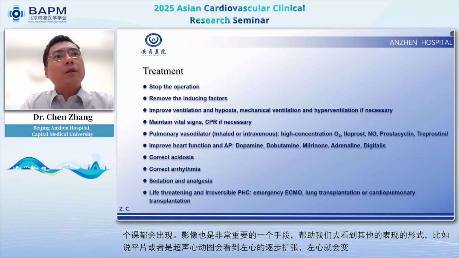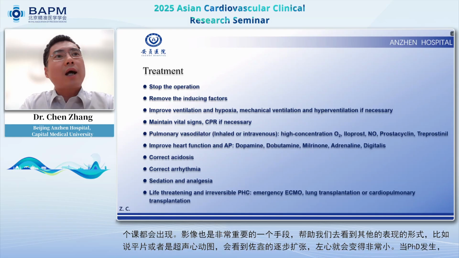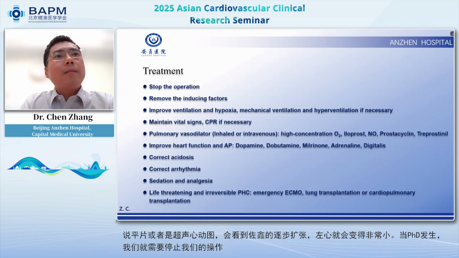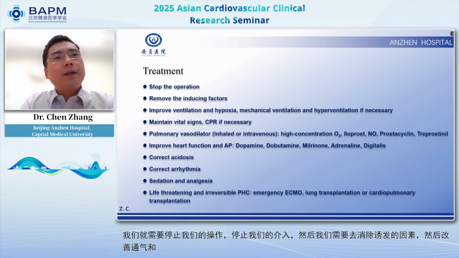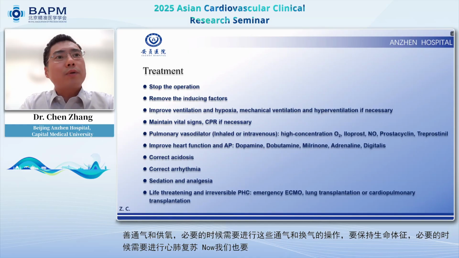Once PHC occurs, we should stop the operation, remove the inducing factors, improve ventilation and hypoxia, use mechanical ventilation and hyperventilation if necessary, maintain vital signs, CPR if necessary, and give inhaled or intravenous pulmonary vasodilators, such as alprostadil, NO, treprostinil, improve heart function and atrial pressure, correct acidosis and arrhythmia.